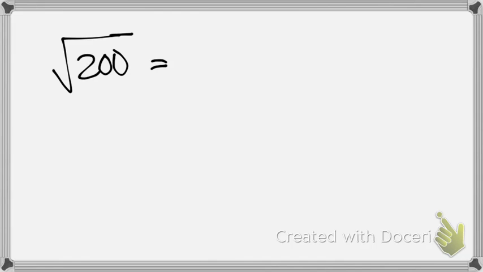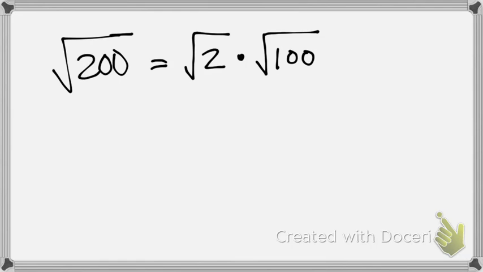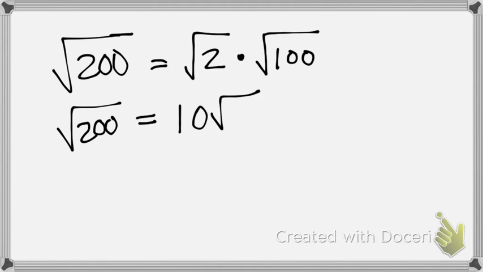Break 200 up into some factors for me. 2 times what? 100. Is 100 a perfect square? What is the square root of 100? 10. So the square root of 200 is really 10 root 2.